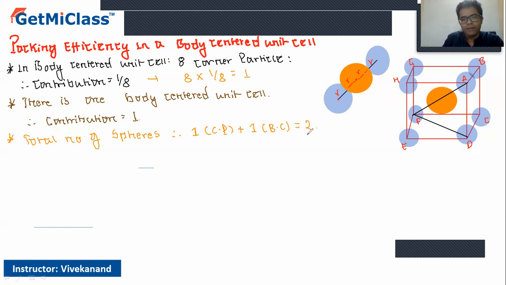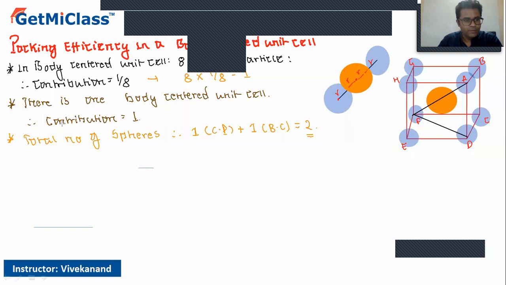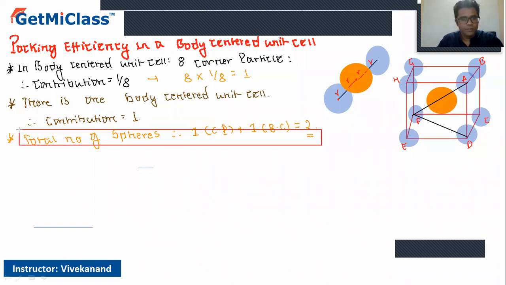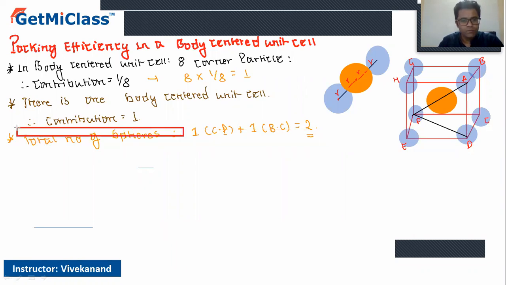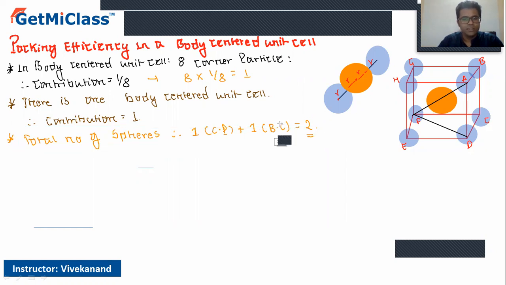So the total number of atoms present in this body-centered unit cell is going to be 2. Now, we'll proceed further. We need to remember this important point, that the total number of spheres is going to be 2.